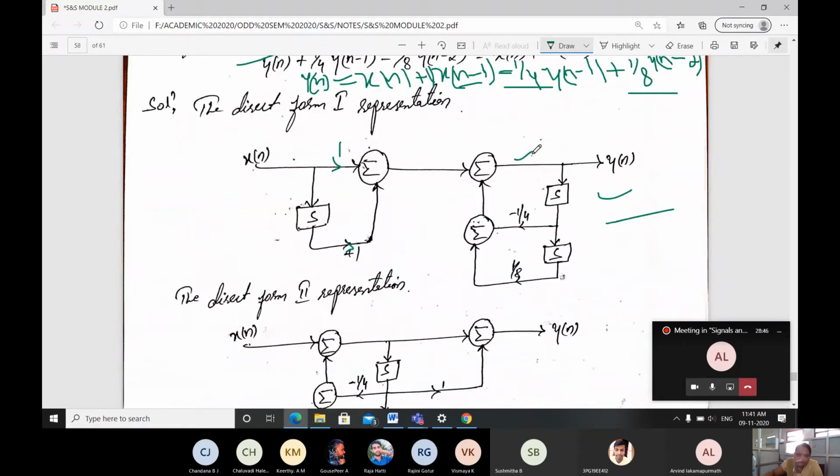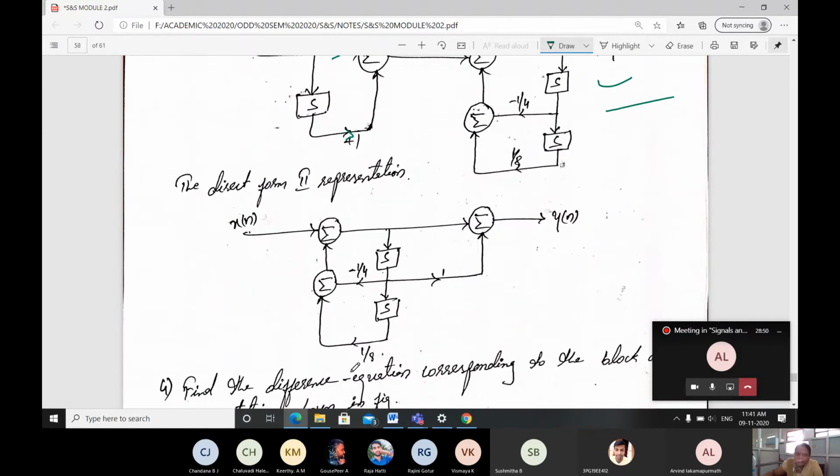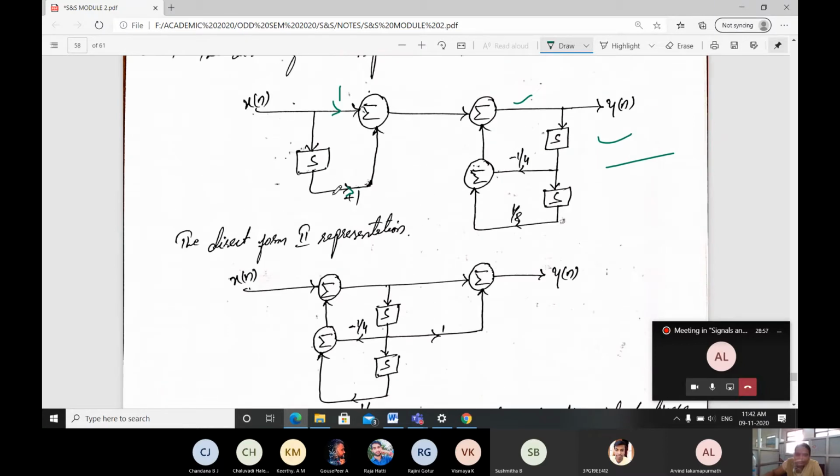What is the coefficient? Here minus a1 is minus 1 by 4, then 1 by 8, summation, 2 shift registers. Then for x of n only one shift register is enough, so one shift register comes out, then go for the one summation. Same as the standard form.